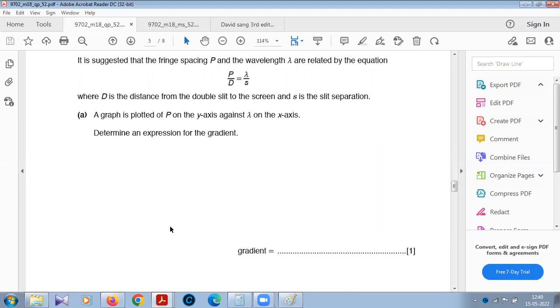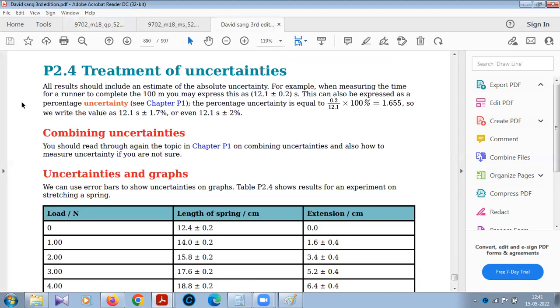Sometimes we have to take the log of both sides and then find the gradient and the intercept. Sometimes you have to do it like that.